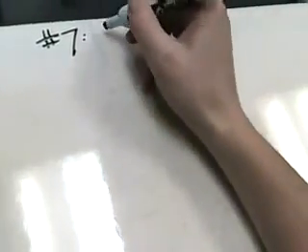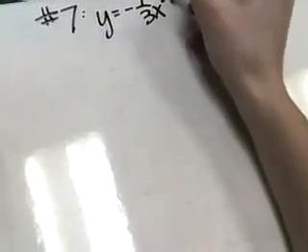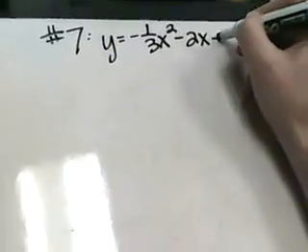Let's do that again. This time let's look at number 7, skill check on page 253. It looks like y equals negative 1/3 x squared minus 2x minus 3.